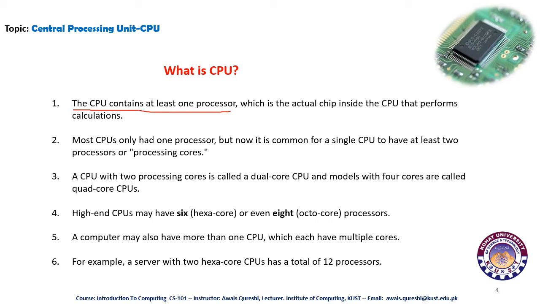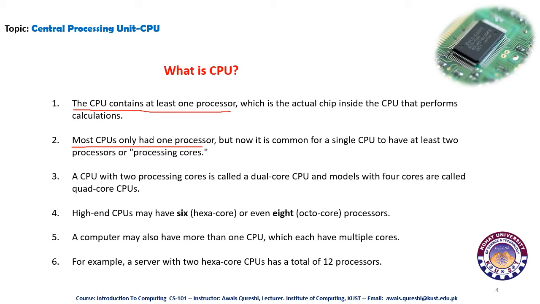So most CPUs only had one processor. This is not true in today's world. Nowadays we are working on Core i7 and Core i9 systems. So in that case, one processor contains multiple cores, multiple independent units, and we call those independent units cores.